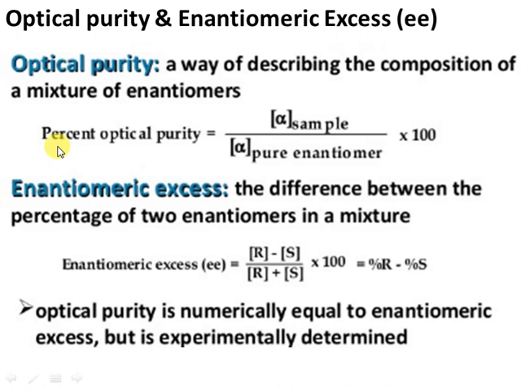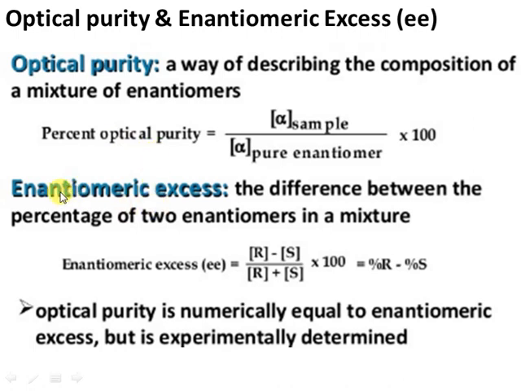To calculate the percentage optical purity, we divide the optical rotation of the sample by the optical rotation of the pure enantiomer and multiply by 100. In that case, we can get how much pure enantiomer is present in our sample, and this is known as the optical purity of the sample.